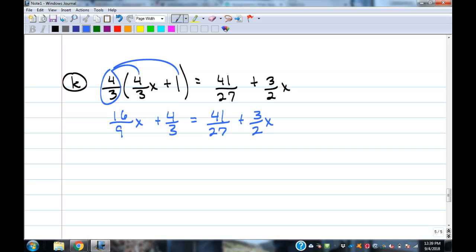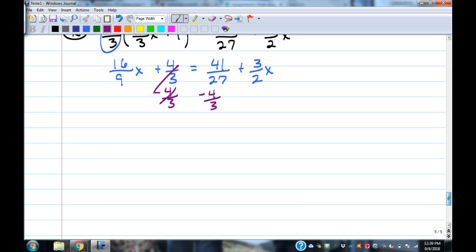It doesn't matter, both of them are going to take some work. Minus 4/3. If we subtract 4/3, that's going to move it over here with this 41 over 27, so that works fine. It cancels out, so there I've got 16 over 9x, and then I've got to work that out.